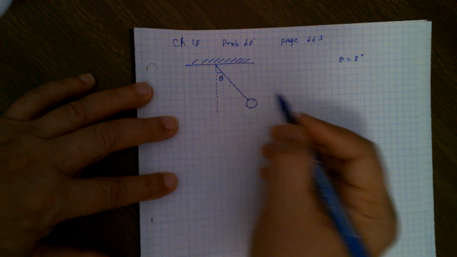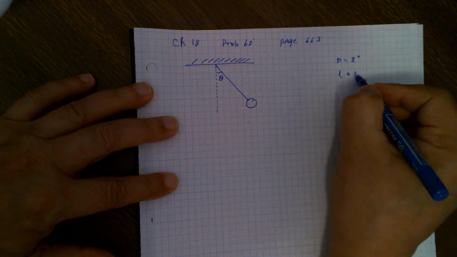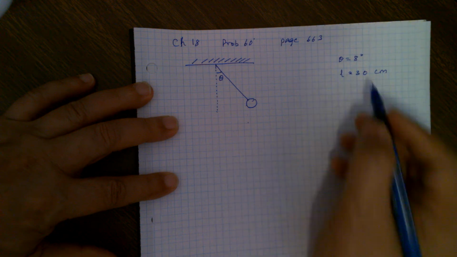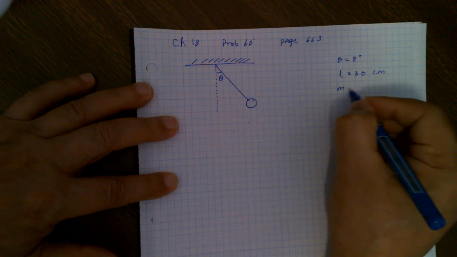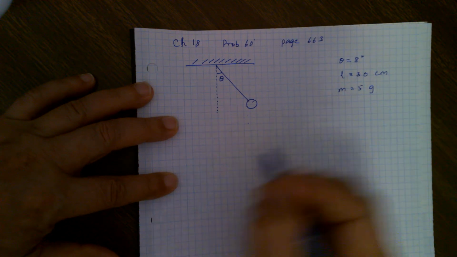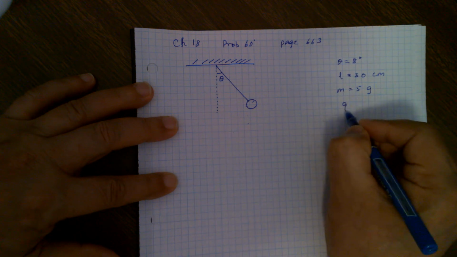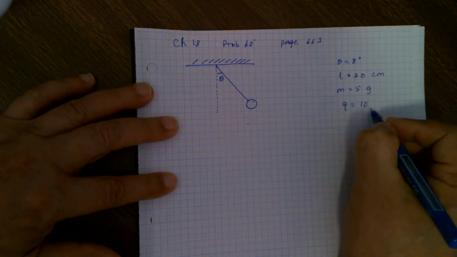And the length L of this cord is 30 centimeters. We will find that you don't need to use this. Mass M of this object is 5 grams, and the electric charge on this object is 10 microcoulombs.